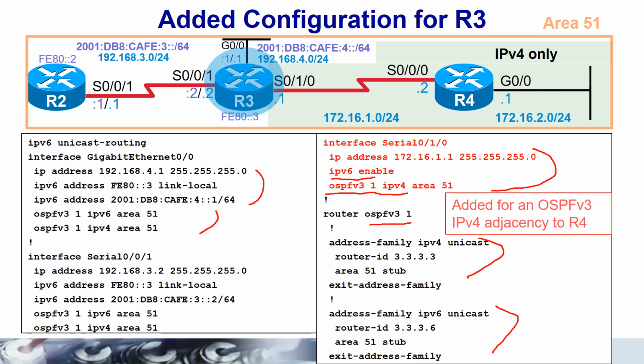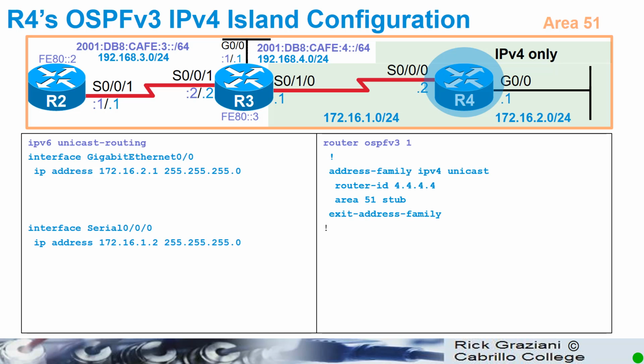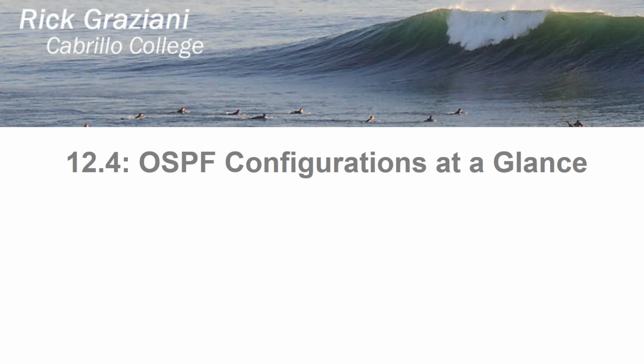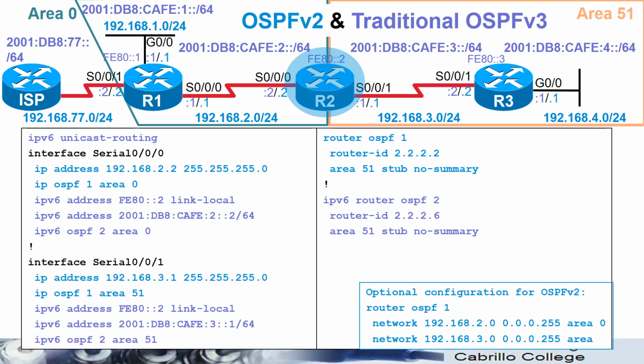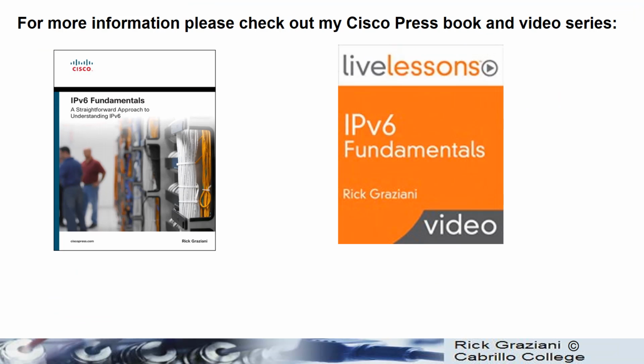Yes, it has an IPv6 link local address, but that's it. How do we configure it? We've already walked through it. So let's go and look at the OSPF configuration at a glance. We can do the network statements because we're doing OSPF. R1, R2, R3. And that's the end of this book.